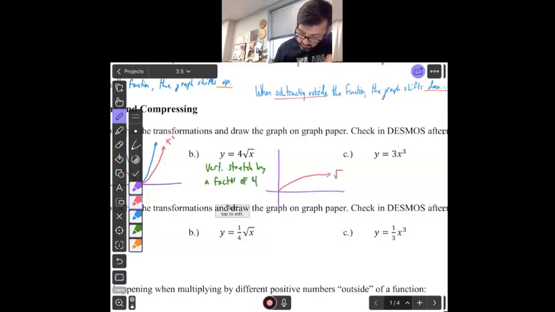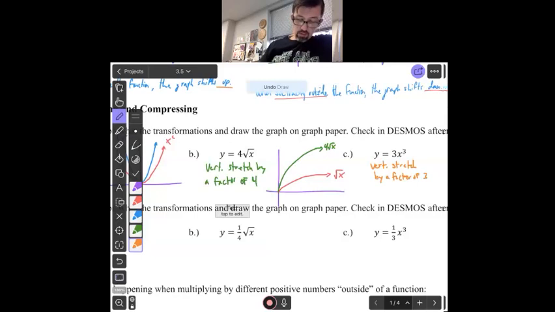It's just the square root of x. This stretched graph goes very sharply, much more of a curve. The last one here would just be a vertical stretch by a factor of 3. I'm not going to do that. But again, it appeared to be narrower than its parent function.